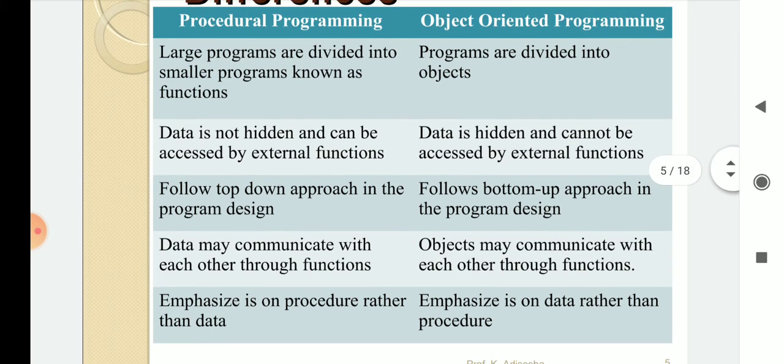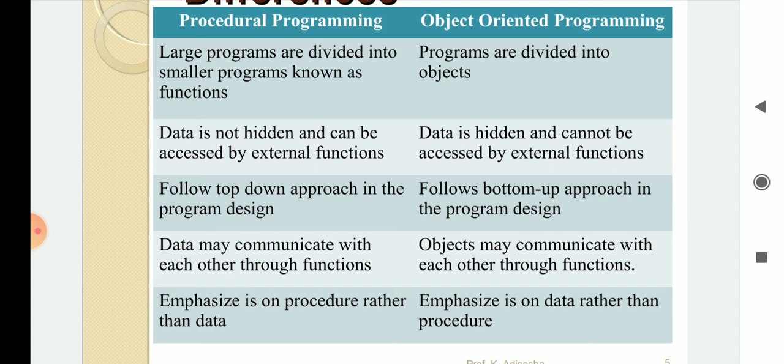In procedural programming, data can be accessed by external functions, but in OOPS, data cannot be accessed by external functions. So dear students, please remember, in procedural, data is not hidden; in object oriented, data is hidden.